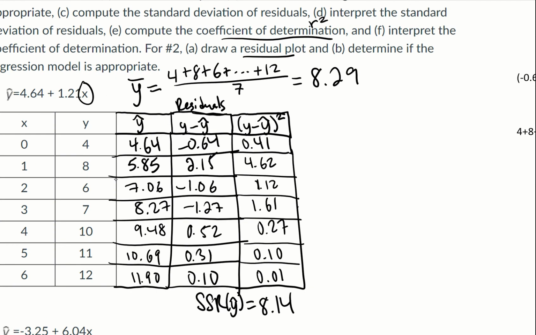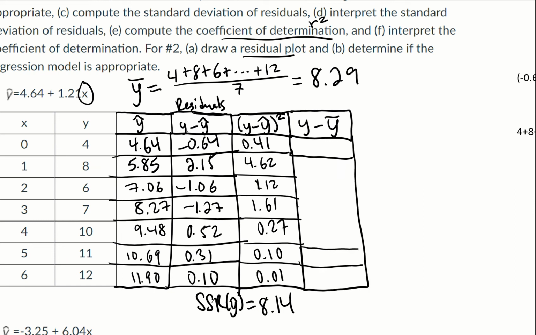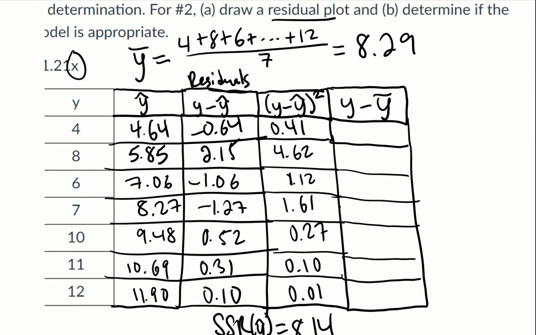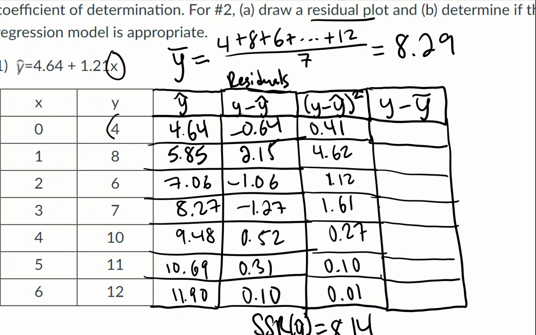What do we do with that? Well, we're going to need to extend this. We're going to need another column for y minus y bar. Instead of y hat, we need y minus y bar. To figure out the first value, you're going to take the y minus the y bar.